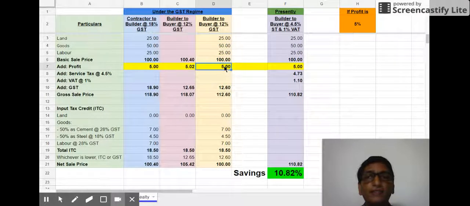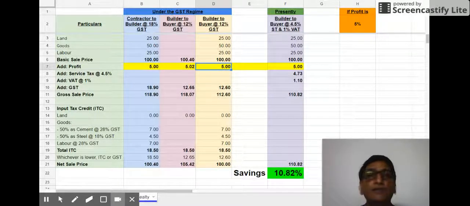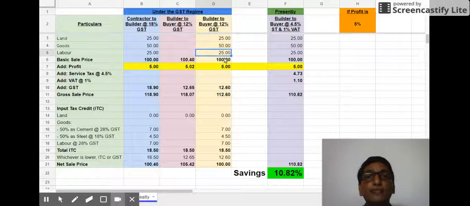Now here in the second scenario, the builder will have to add GST. When the construction activity is done by the builder himself without outsourcing it to a contractor, the GST rate specified is 12% and not 18%. So here it is 12% on these three components plus profit.